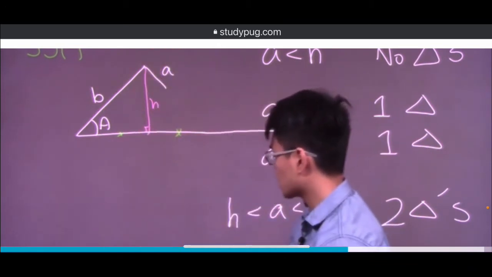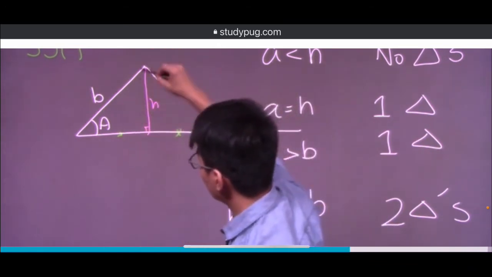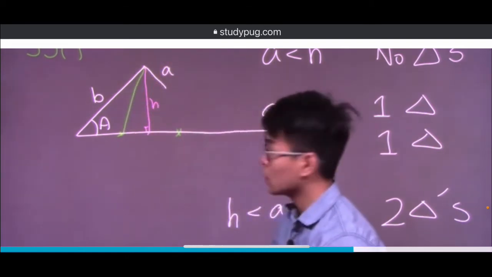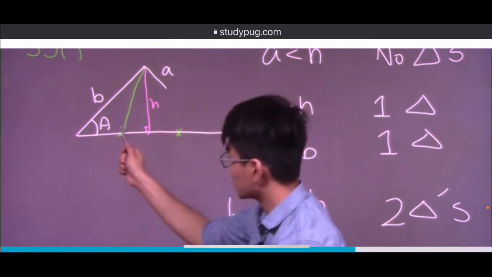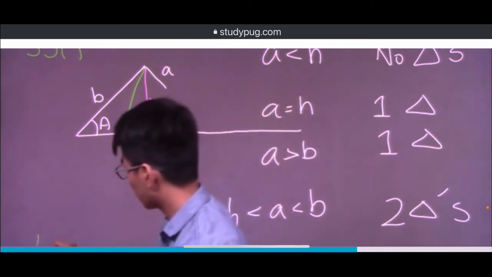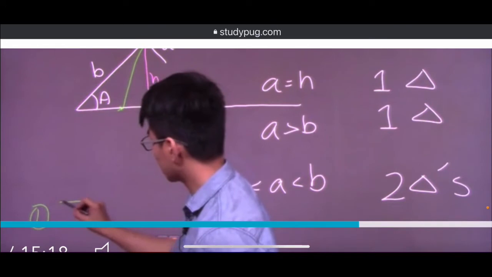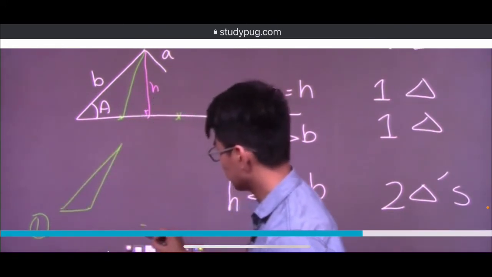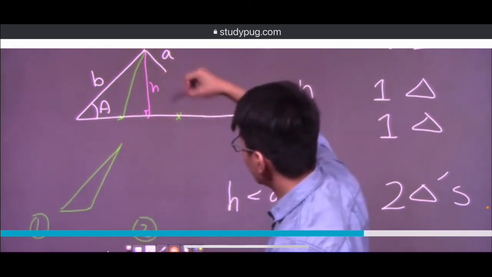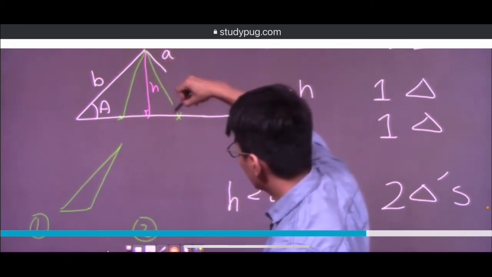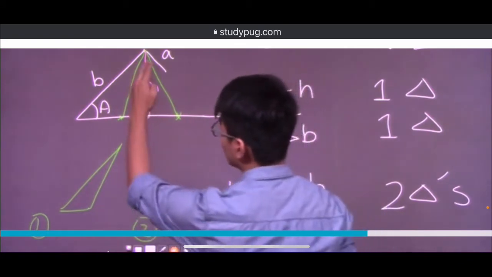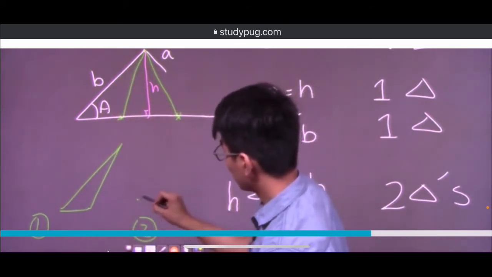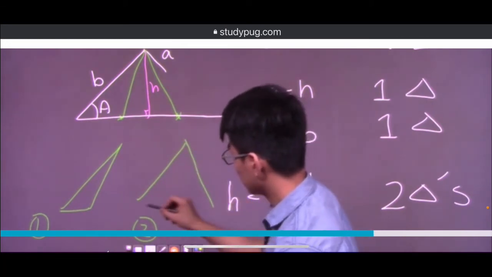If we connect this point with this corner, we'll have one triangle, and this angle would be an obtuse angle. And if we connect the other point to this corner, we'll have another triangle looking like this.